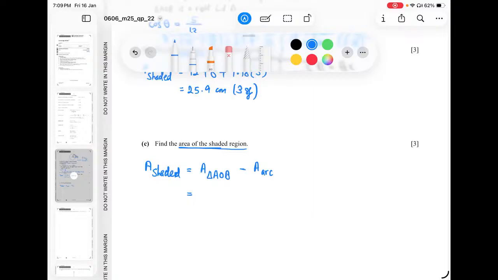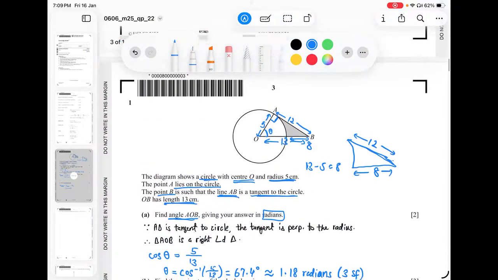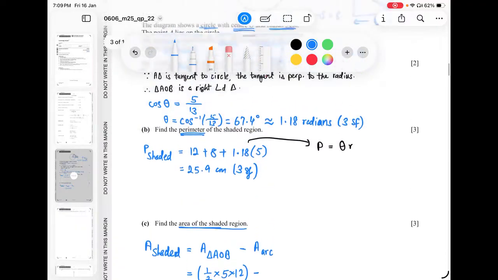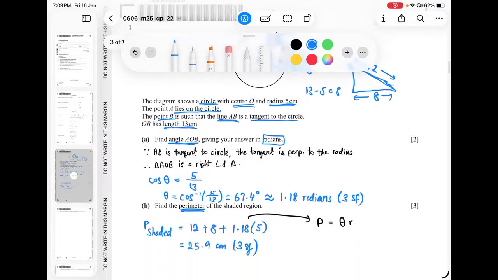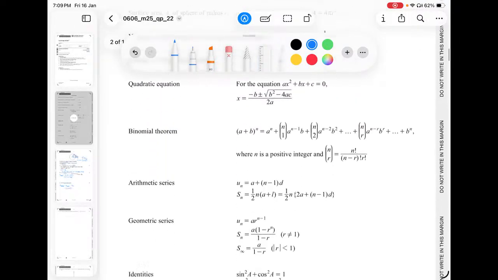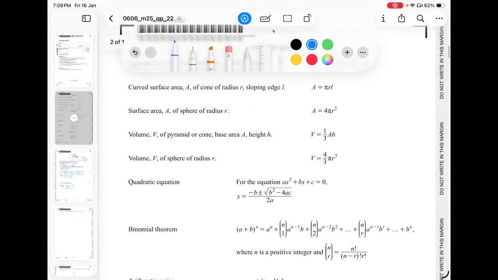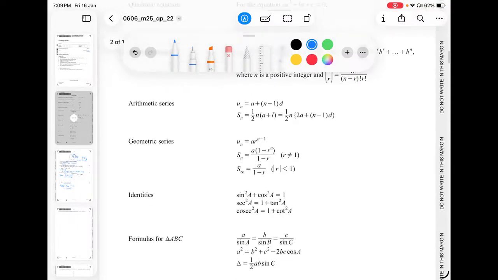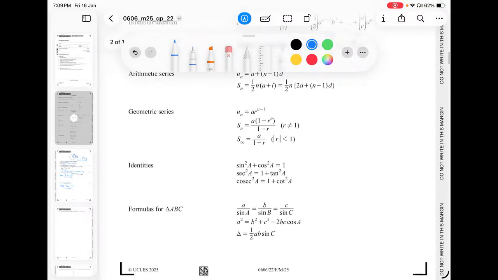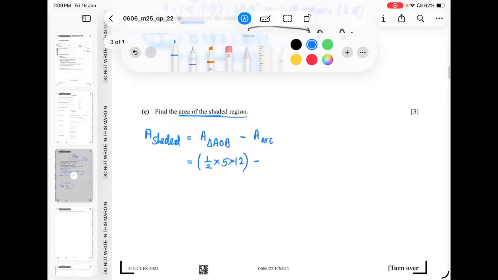So the area of triangle AOB can be given as half times 5 times 12, and the area of the arc is going to be half times... let me just verify that. Okay, sorry.